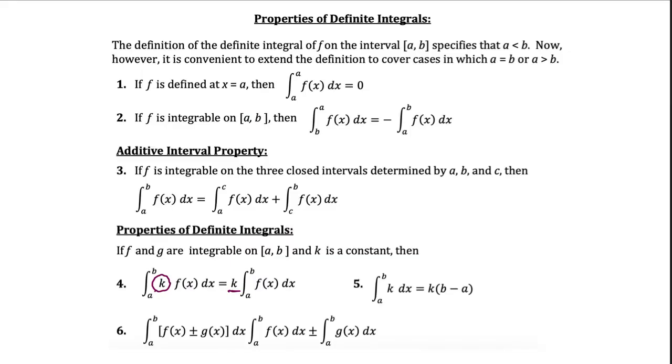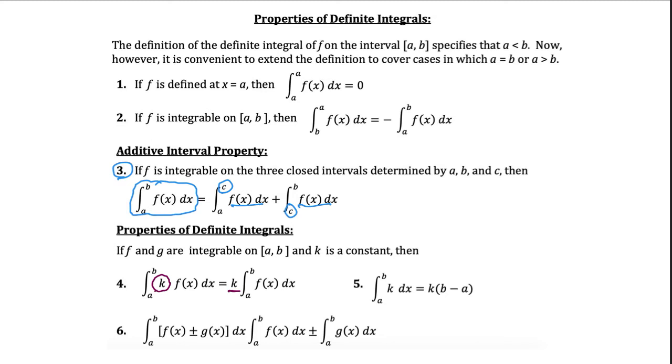Okay, on this page we have a lot of properties that we need to know. So do look through these properties. They are important. Something about number 3 for us to note is these endpoints are the same and these functions are the same. And so when that happens, you can put it back together or take it apart as one big function.